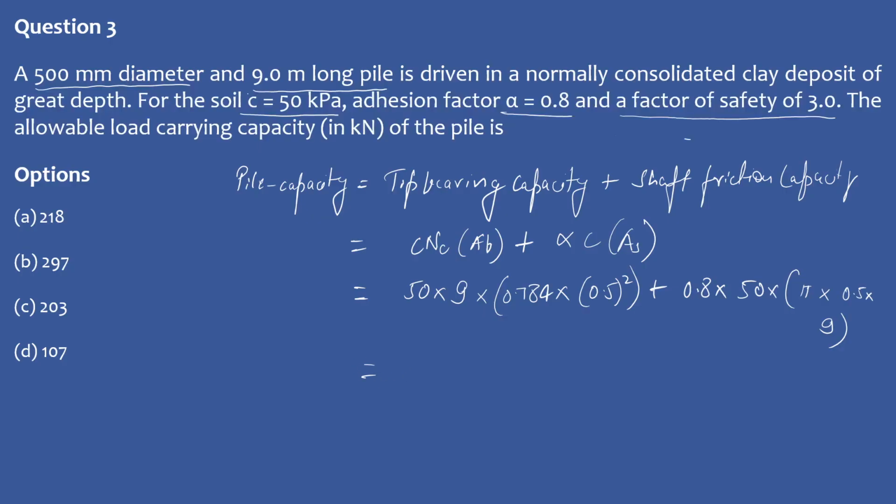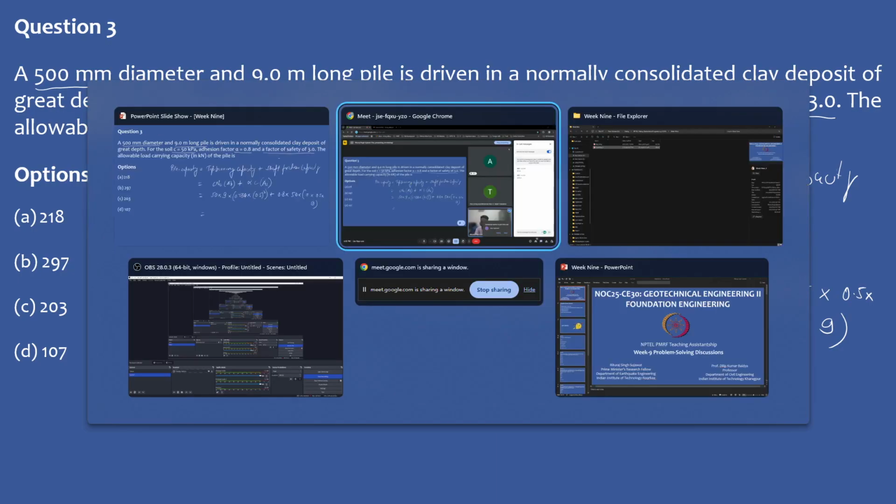So how much is the value? The pile capacity which I am getting is 653.68.